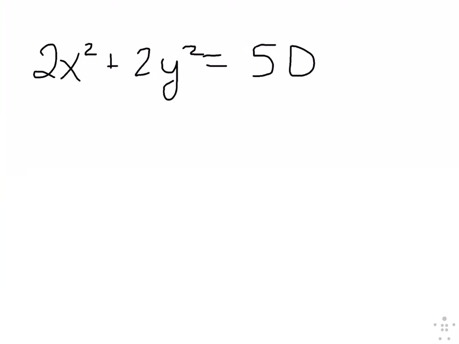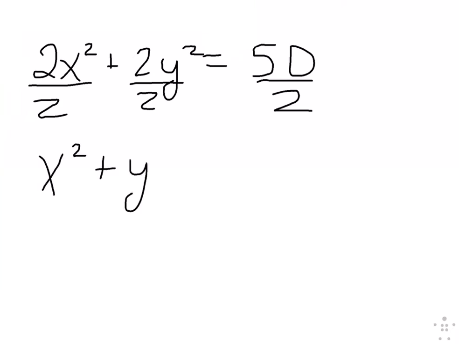If there are numbers there, what do I have to do? Divide them all by 2. I have to divide everything by 2 to make it look the way I want it. When I do that, I get x squared plus y squared equals 25. So what's the radius? 5.